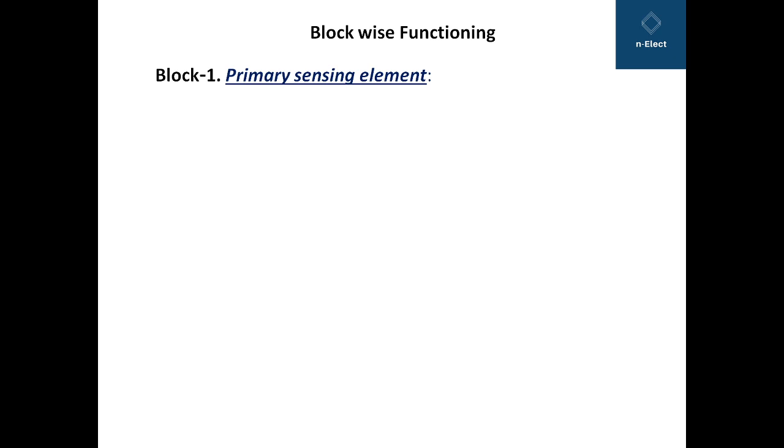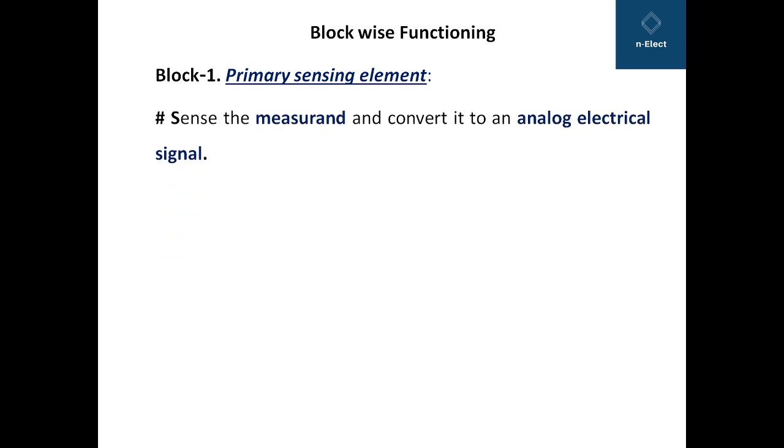So the first block is the primary sensing element. What it does is sense the measurand, that is the quantity to be measured, and convert it to an analog electrical signal. An analog electrical signal is a continuous signal, and this conversion is done by a device called a transducer.